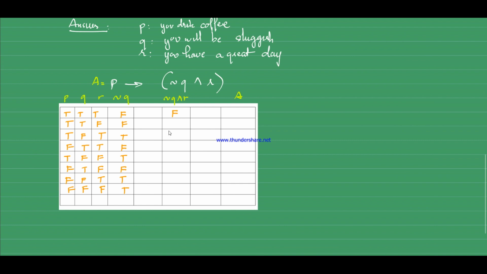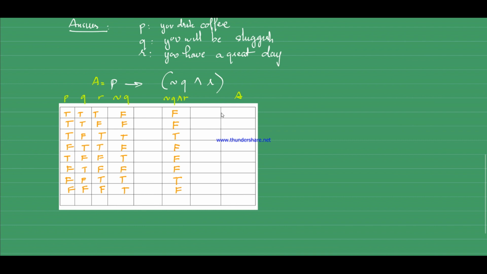So you're going to end up with F. This is T. This is also F. It's also F. So this is also F, T, and over here is also F. So we have F, F, T, T, F, F, F.